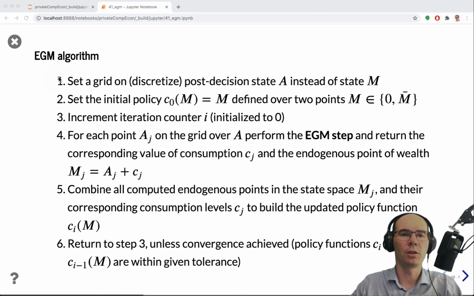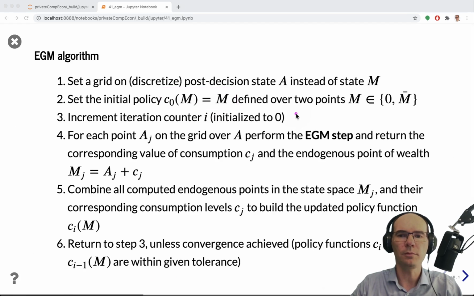Okay, so these ideas have to sink in, but here's the general EGM algorithm. It is time iteration, or it is successive approximation of the solution in the policy function space. But we set a grid on the post-decision state instead of the state variable m in the very beginning. And then we set an initial policy like in time iterations, and maybe it's consuming everything.